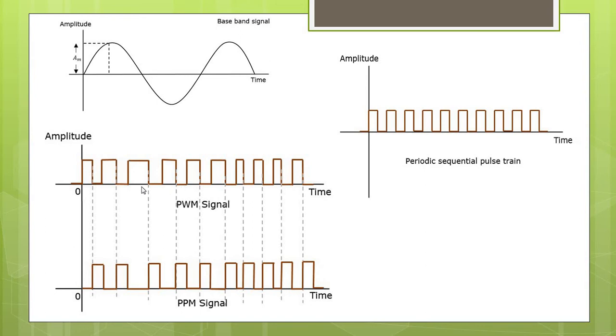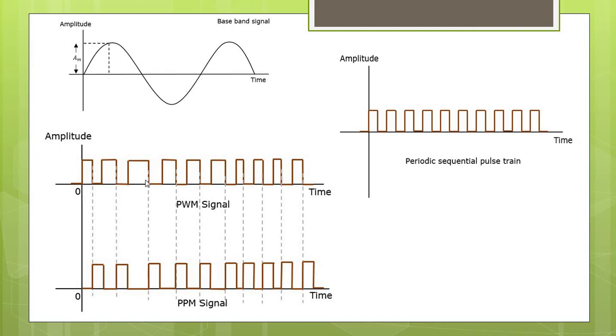So we have already seen that the disadvantage of PWM is that in the larger width of the pulses, power is wasted even though they carry the same amount of information. So to overcome this disadvantage, we are using the pulse position modulation, where the position of the pulses varies according to the amplitude of the message signal.